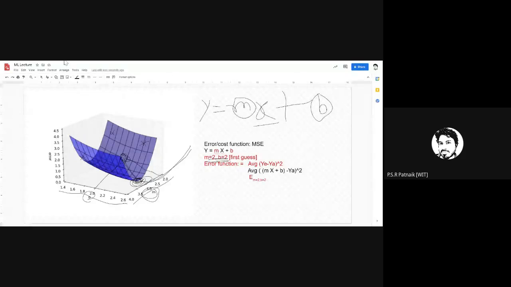Can you guess? What is that mathematical concept which tells you, when you are on a specific point on the function, how the behavior of the function is, whether from this point onwards you will be going downwards or upwards? What is that mathematical concept?